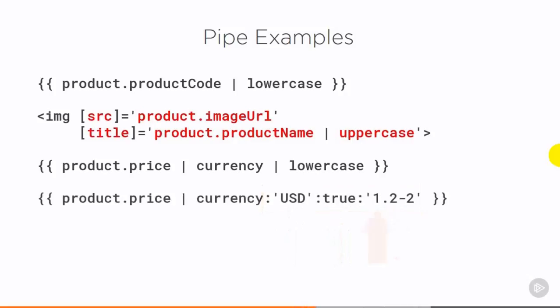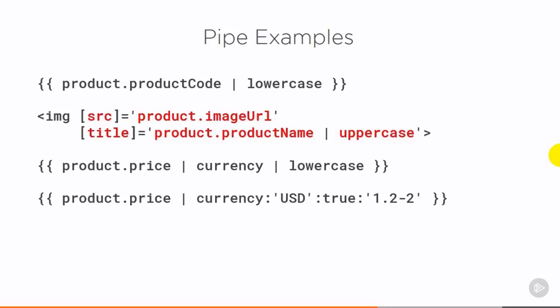The digit info consists of the minimum number of integer digits, the minimum number of fractional digits, and the maximum number of fractional digits. The value here of 1.2-2 means at least 1 digit to the left of the decimal, and at least 2 digits to the right of the decimal, and no more than 2 digits to the right of the decimal, effectively defining 2 decimal places.